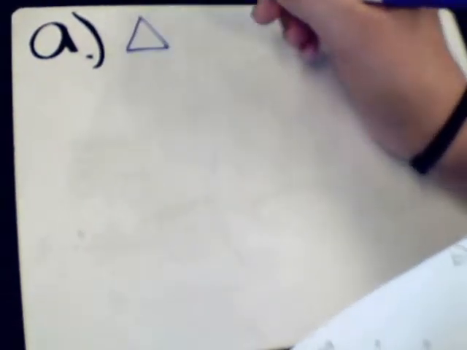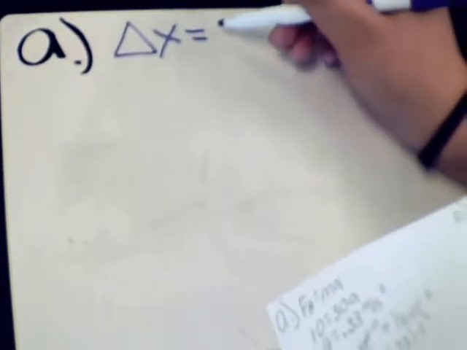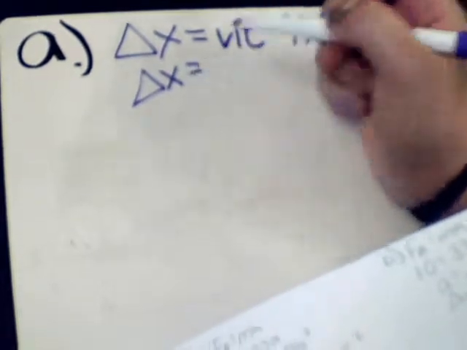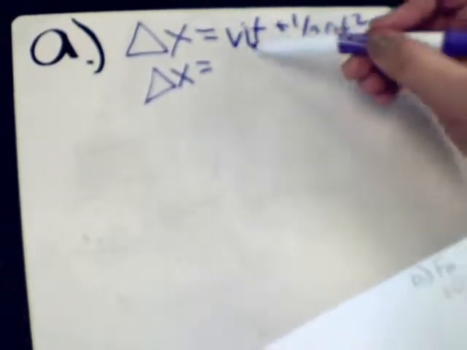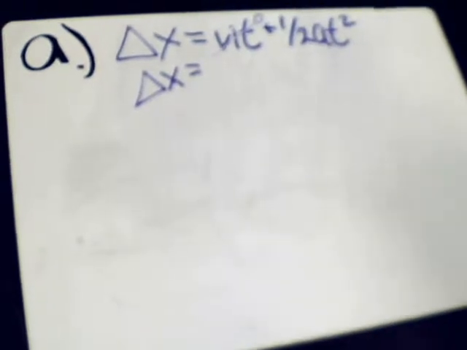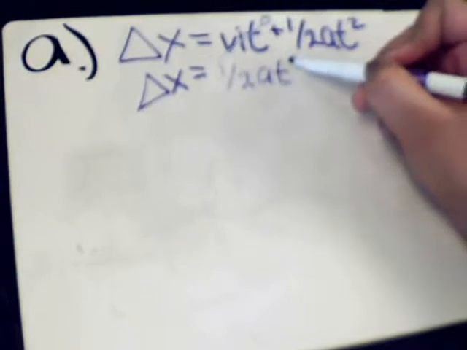So the objective for letter A is to find how far the cart travels. We're going to use the equation delta x equals VIT plus 1/2 AT squared. The problem tells you that it starts from rest, so VI is going to equal 0, so that cancels out.